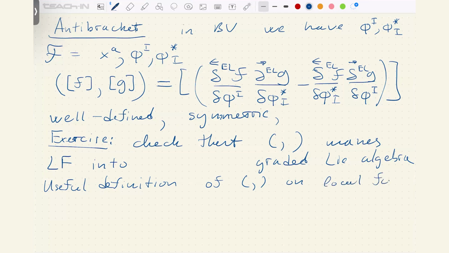So we define a useful definition of bracket on local functions. We define a Hamiltonian vector field.